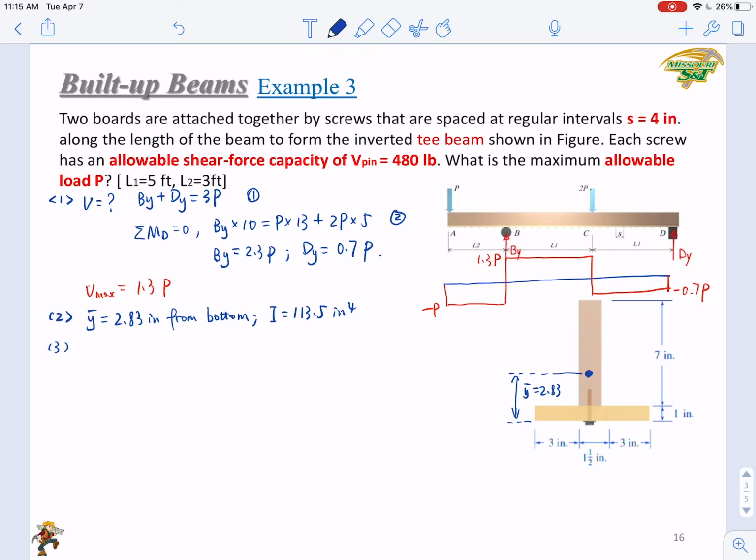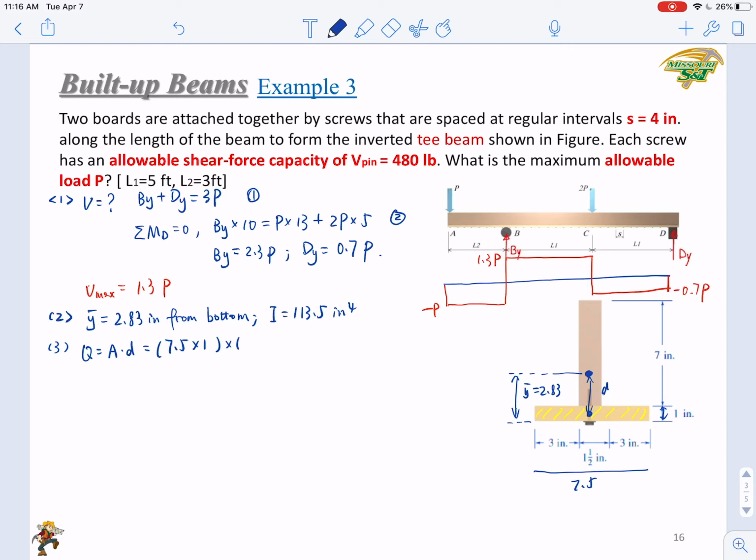Step 3, we're calculating Q. Q equals A D. And the area we isolated is just right here. This is the area we isolated, and the local centroid right here. So what is the D value? The A obviously will be 7.5 times 1.